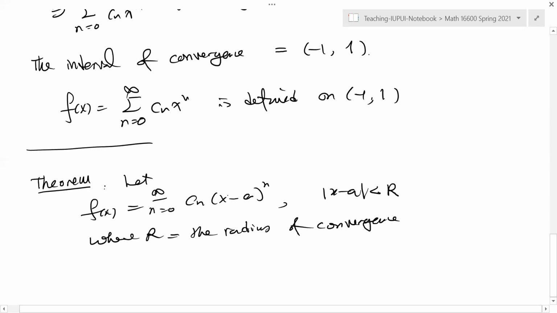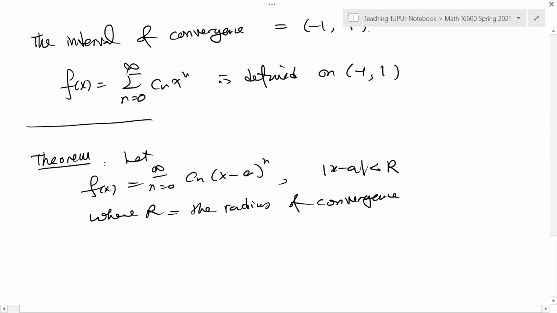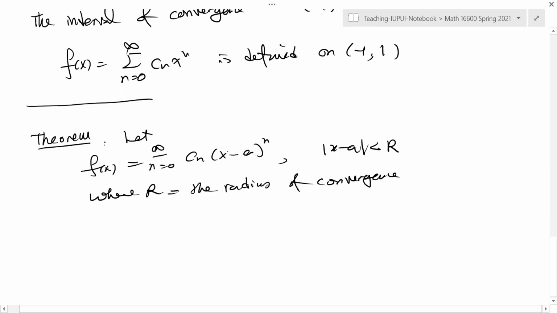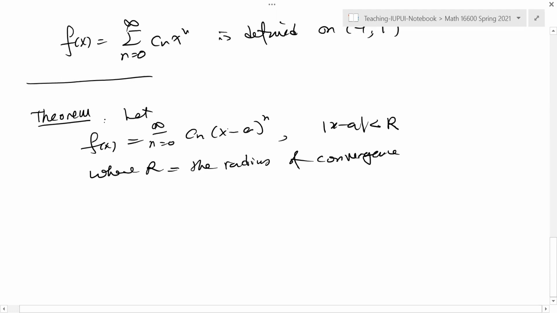Given an arbitrary power series, there is a radius of convergence. So for absolute x minus a less than R, this function is defined. Now, this series may be convergent at the endpoints, sometimes convergent, sometimes divergent, I don't care. So this function is defined over the interval from a minus R to a plus R.